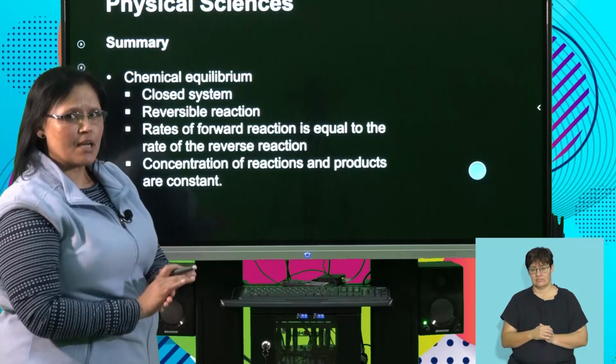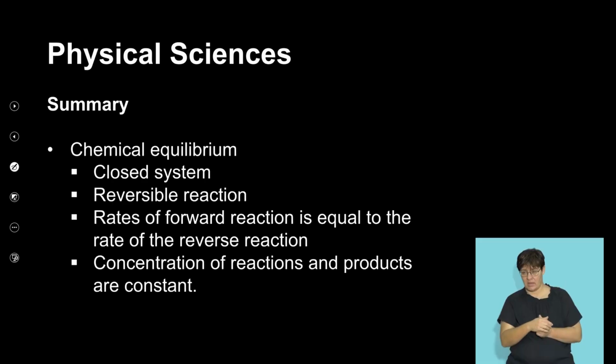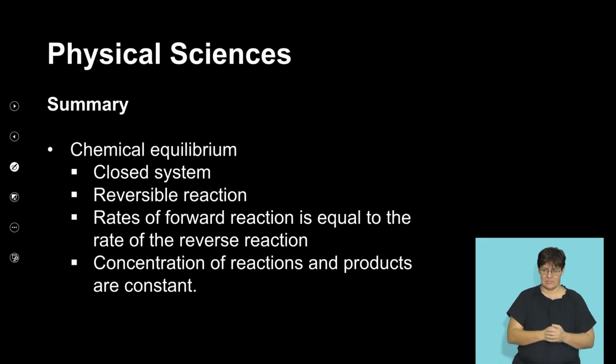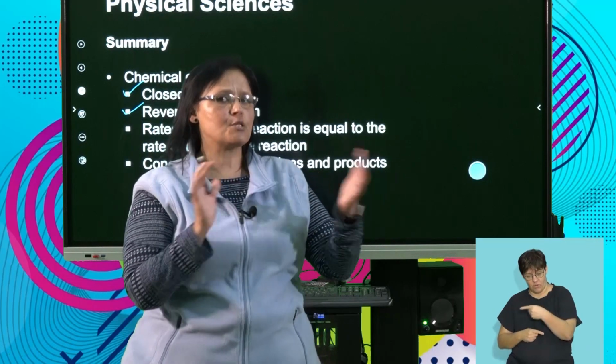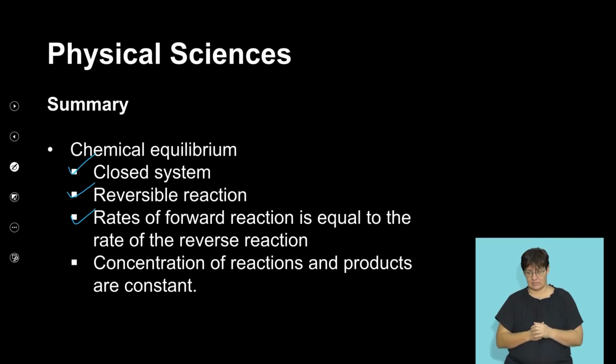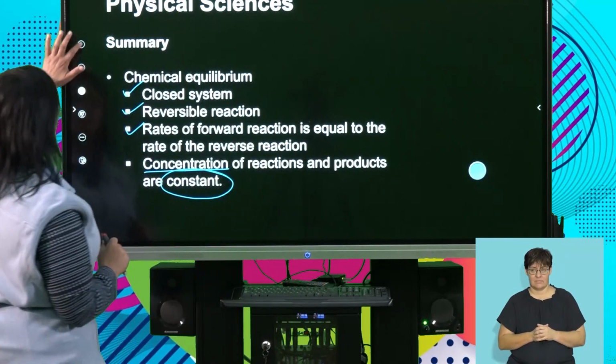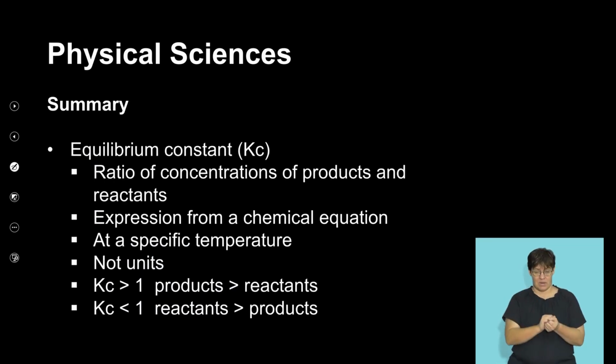Right. To summarize, I just want to remind you that we spoke about a closed system. Chemical equilibrium only happens in a closed system, only with reversible reactions. The rate of your forward reaction must be equal to the rate of your reverse reaction, and the concentrations of everything remain constant. Then to summarize the equilibrium constant, Kc, it is the ratio of the concentrations of your products and your reactants, expressed from the chemical equation.